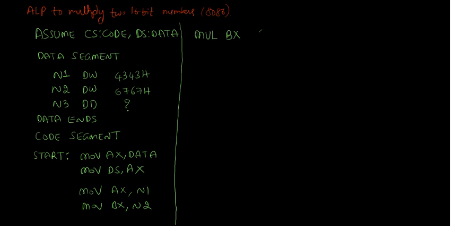This mul bx is nothing but ax and bx will be multiplied and the result will be stored back to ax. But here one more important point: when you multiply two 16-bit numbers, the answer will be 32-bit.